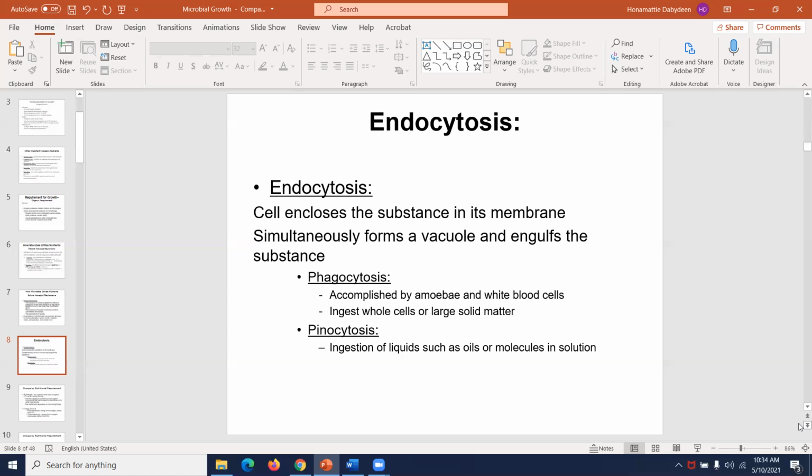In the case of pinocytosis, you're doing the exact same thing as phagocytosis, but instead of solid particles, you are engulfing liquids such as oils, fats, any kind of molecule in solution. They usually refer to phagocytosis as cell eating, pinocytosis as cell drinking. But those are ways to get material into the cell, and those materials could then be used as energy sources.